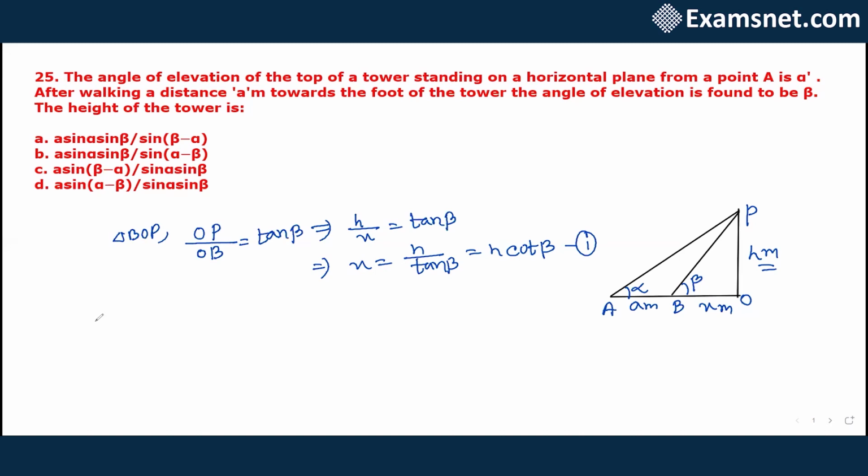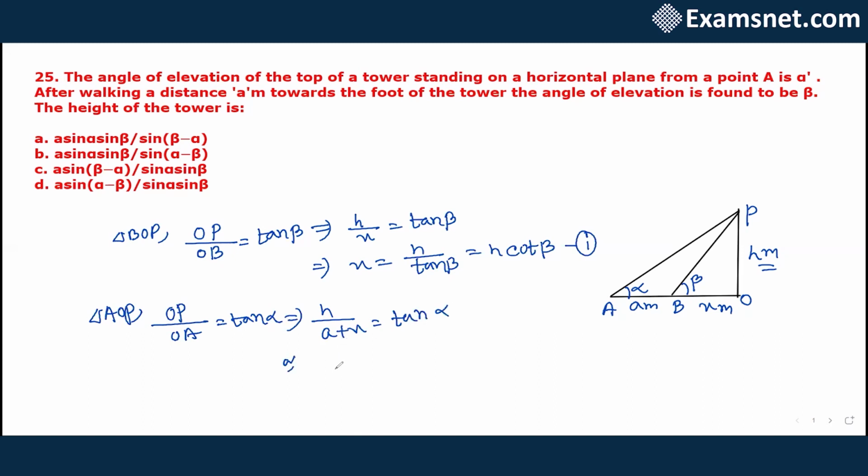In the next step, we will consider the triangle AOP. Here, OP by OA equals tan alpha. Let's put all those values. H by OA, which can be broken as AB plus BO, so we can write it as a plus x, equals tan alpha.